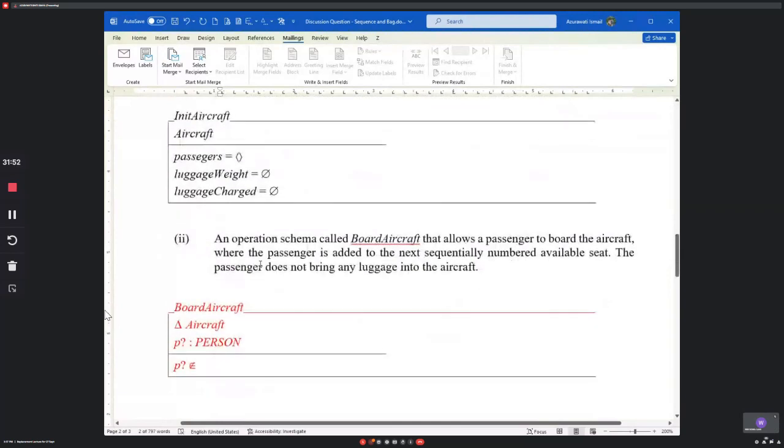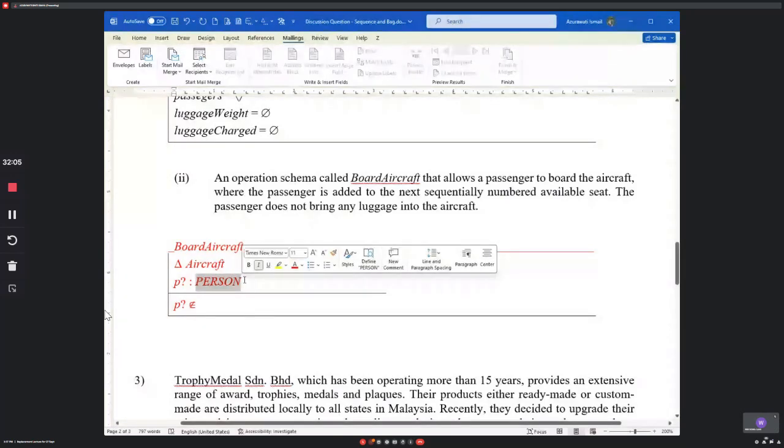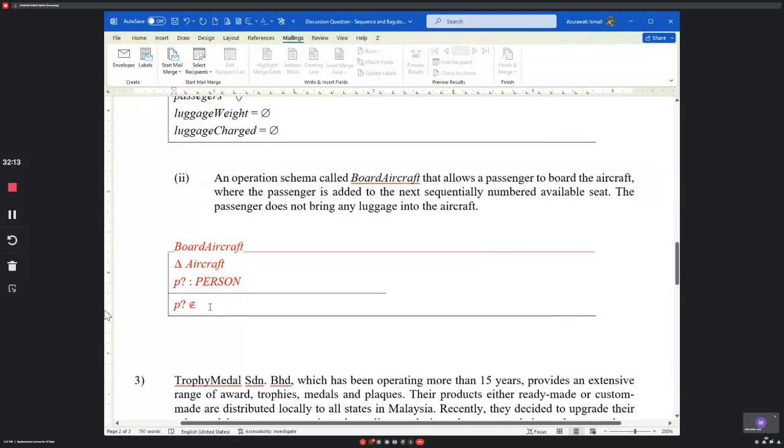Remember when we talk about a sequence of person, the domain is the numbering, and the actual data of passenger will be the range data. So when we are talking about person here, we are talking about the range of our sequence. So that's why here we have to put ran passenger.